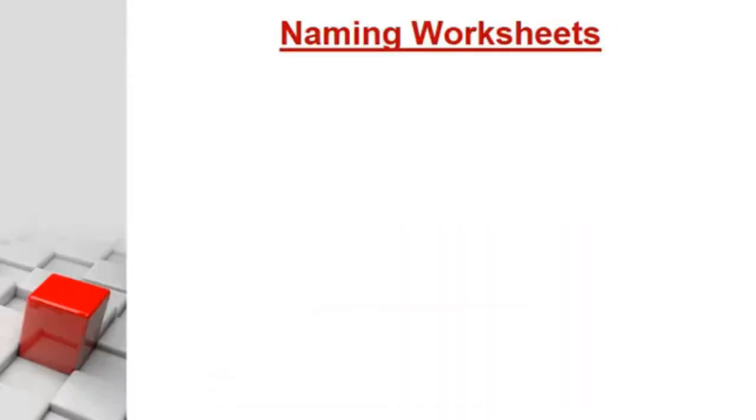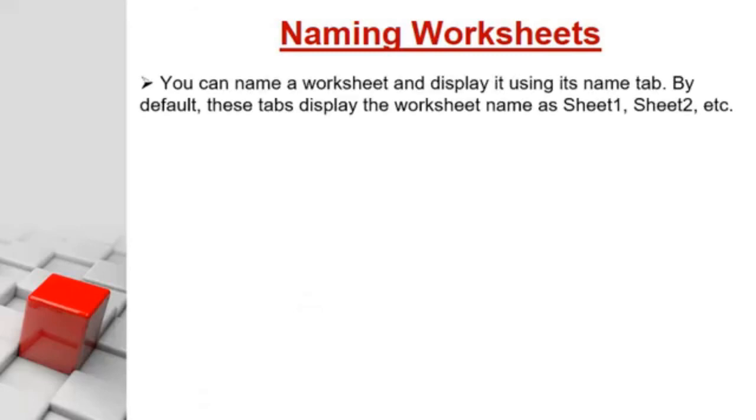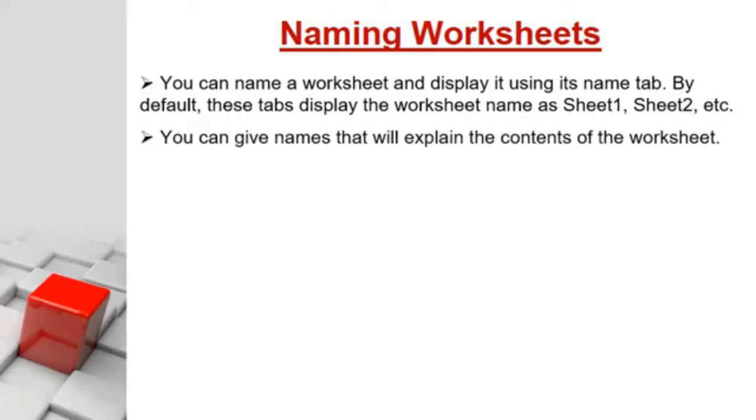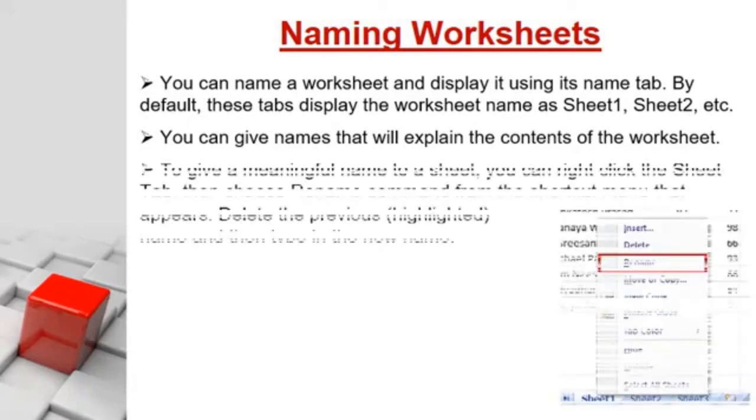Now let's see how to name worksheets. You can name a worksheet and display it using its Name tab. By default, these tabs display the worksheet name as Sheet 1, Sheet 2, etc. You can give names that will explain the contents of the worksheet.